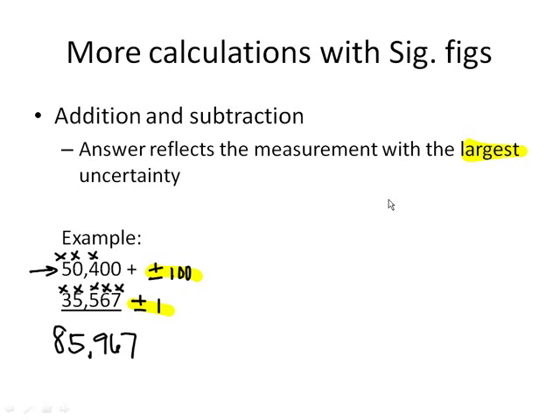So that means down here in my answer, I need to write this so that it has an uncertainty of plus or minus 100. So what that tells me is that I need to go to the 100 spot, and everything after it needs to be placeholders. My last significant digit needs to be in the 100 spot. So that means this is significant, and the 9 is significant, but the 6 and the 7 are going to be replaced.